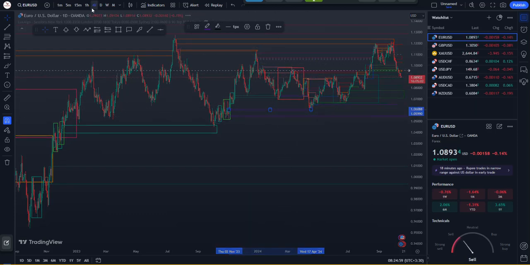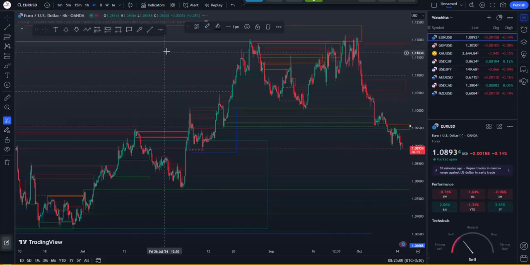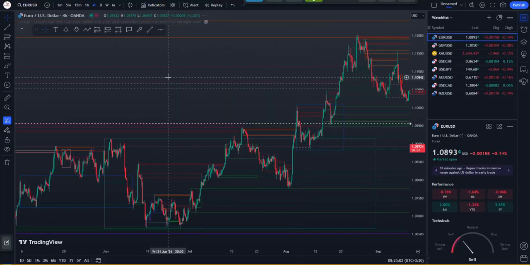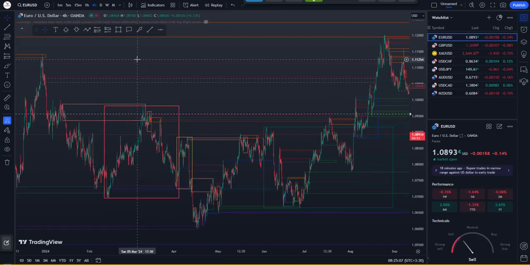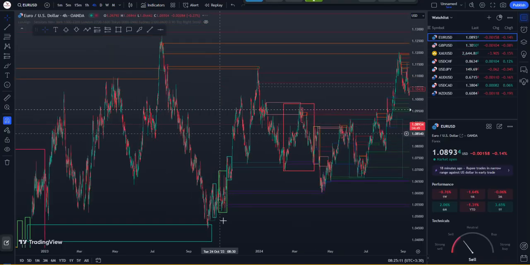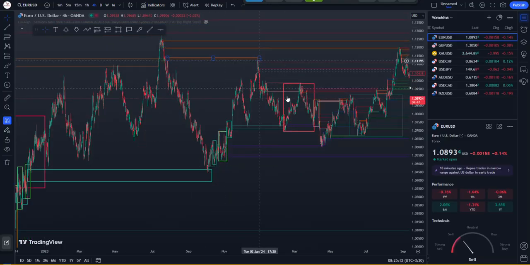So going to the 4 hour chart, you can see, talk about this level, the last engulf FO here.